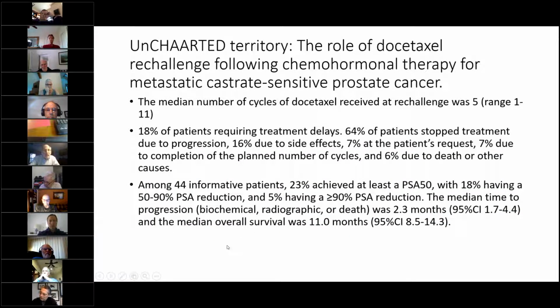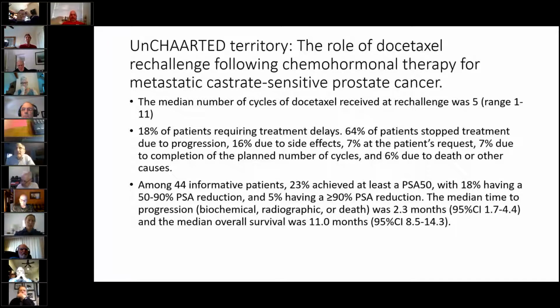Among 44 patients, 23% had a PSA 50 and 5%, the median time to progression was 2.3 months. So to me, that says that if you really are failing docetaxel, coming back with the same thing is not that great an option. It's time to look to something else.